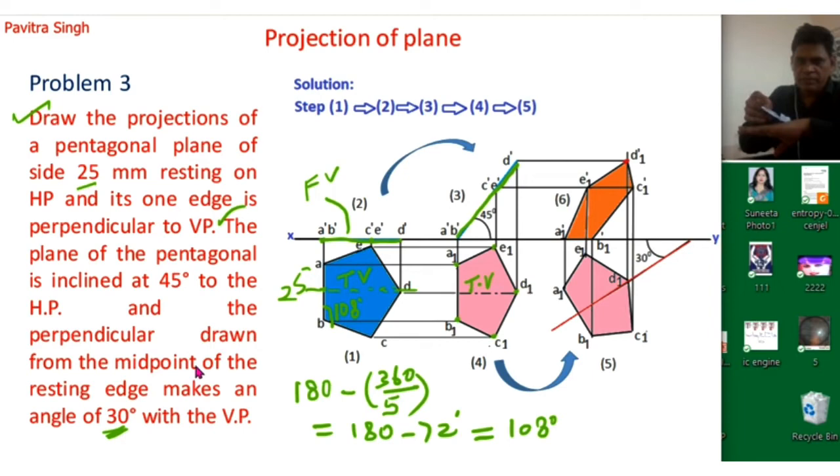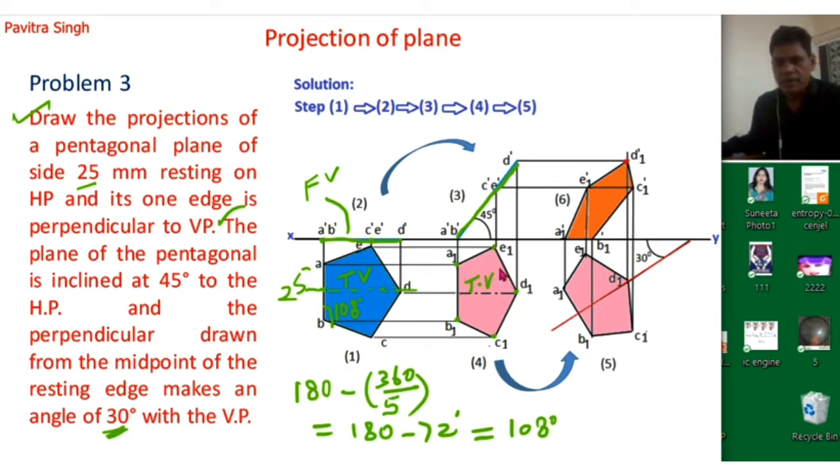Again this is inclined 30 degrees with the vertical plane. So you can see this surface in the final projection. This surface is this one. Now we will reconstruct this shape here at any distance.